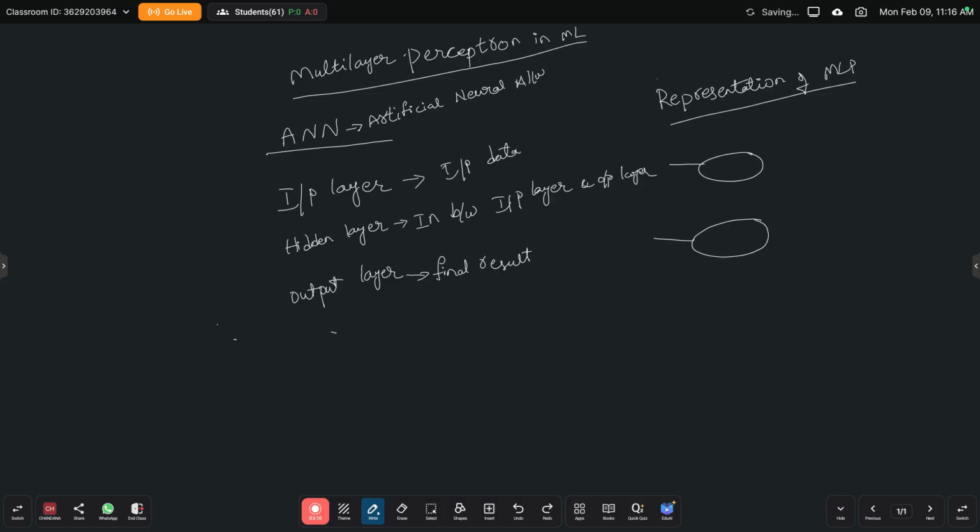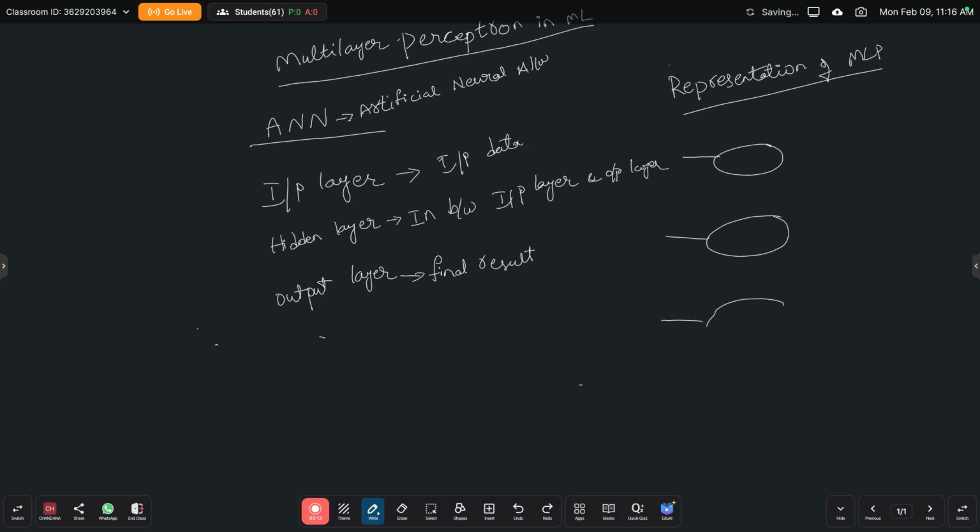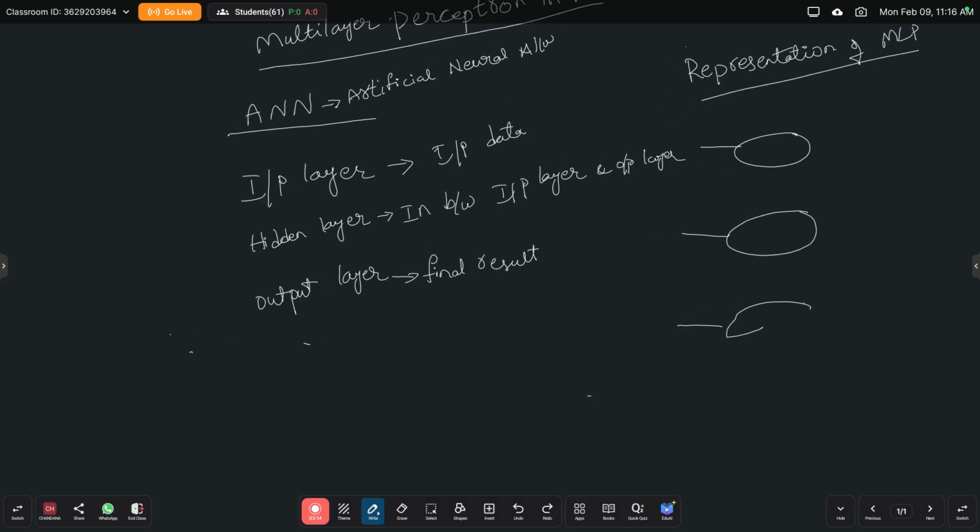Here I'm drawing a sample diagram. These are the input layers. Next, these are the hidden layers. These are the output layers.